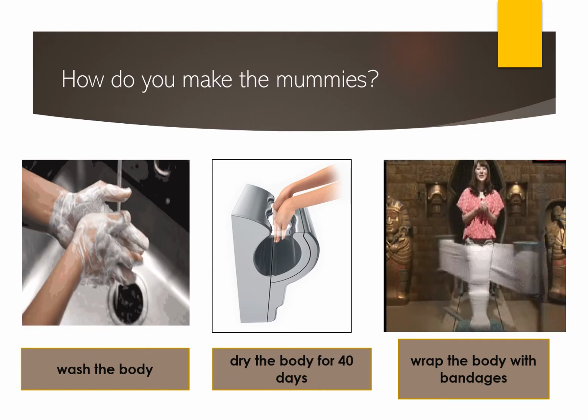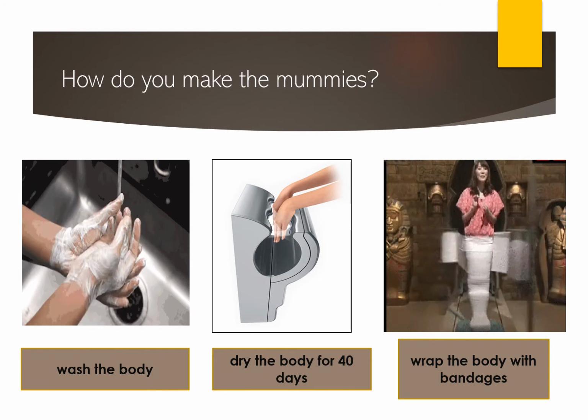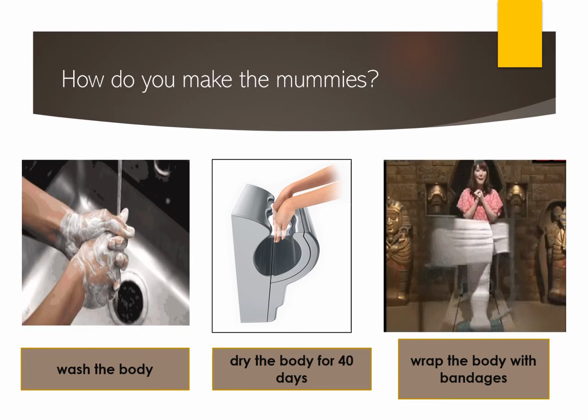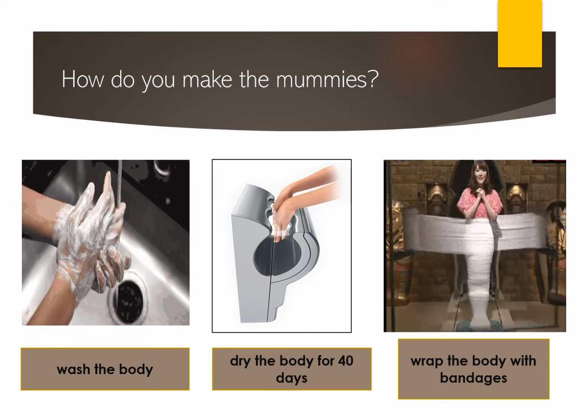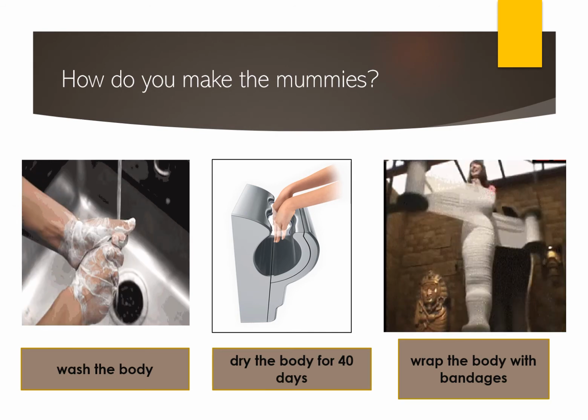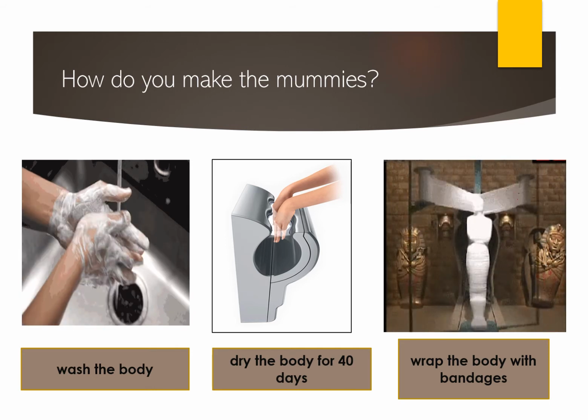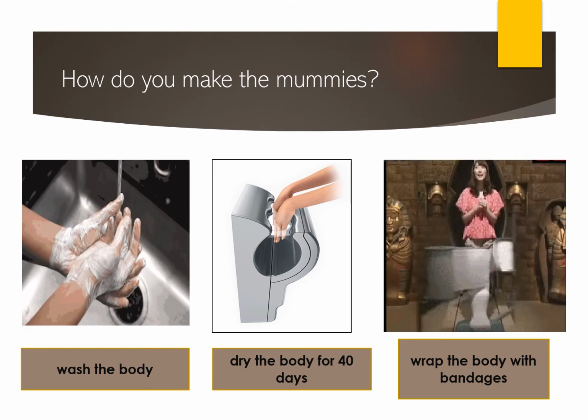The next thing, the ancient Egyptians wrapped the mummies with bandages. Bandages are the easiest thing that could be found during those times. So they don't use cloth, they use bandages like what you see here in the picture.